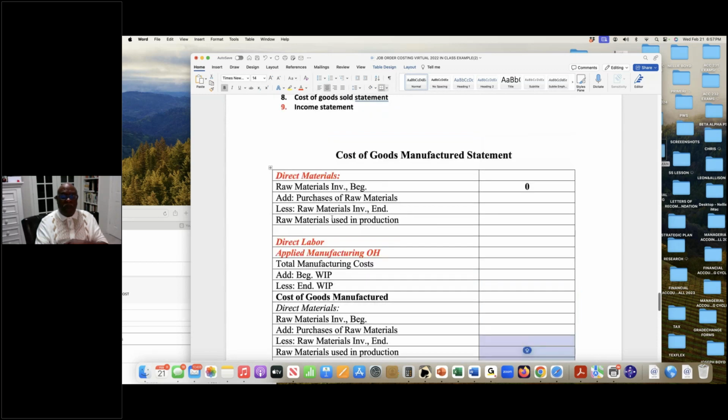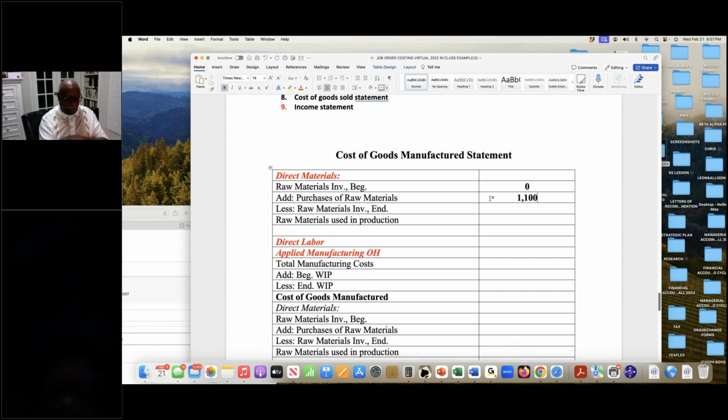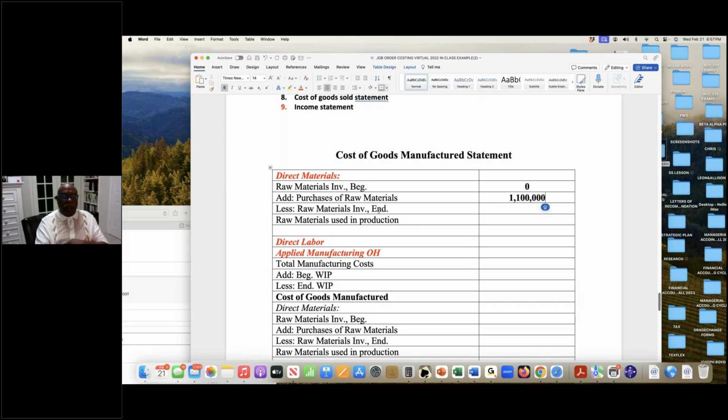So we purchased 1,100,000, correct? Our raw materials ending was 100,000. And so the raw materials used in production is $1 million. So that's the first number. That's your raw materials.